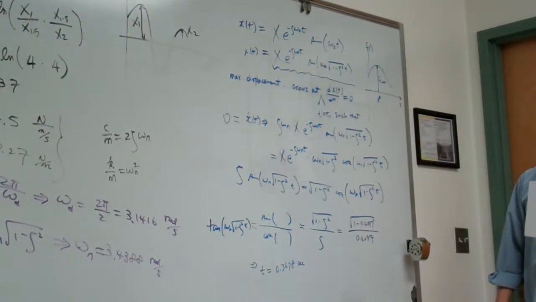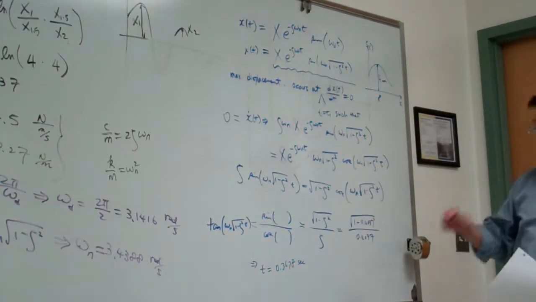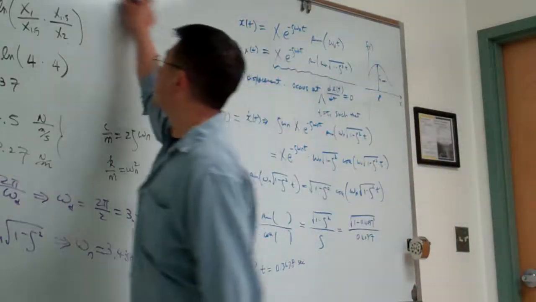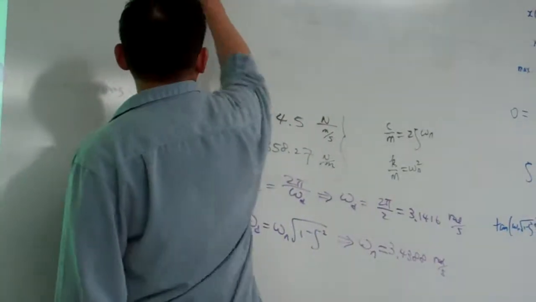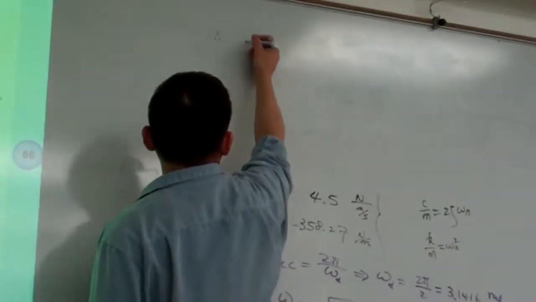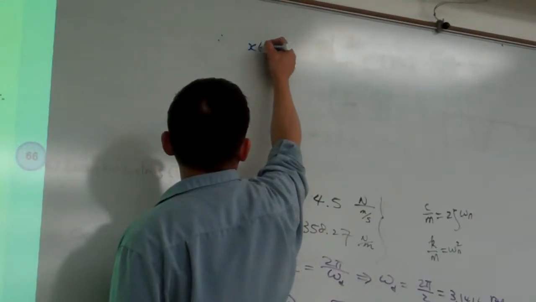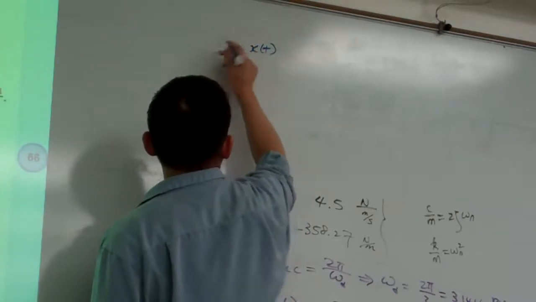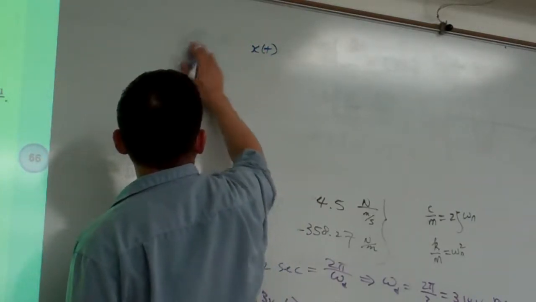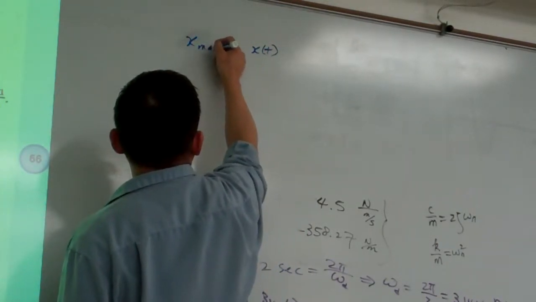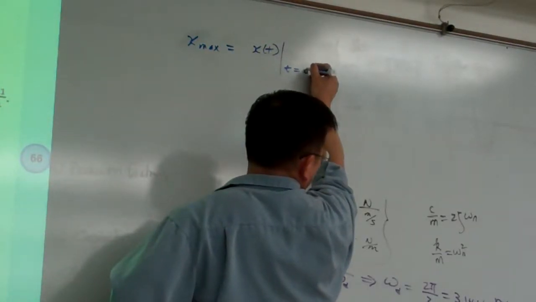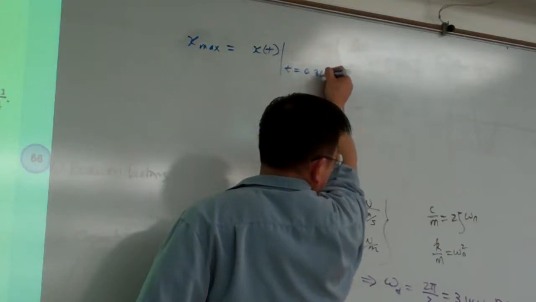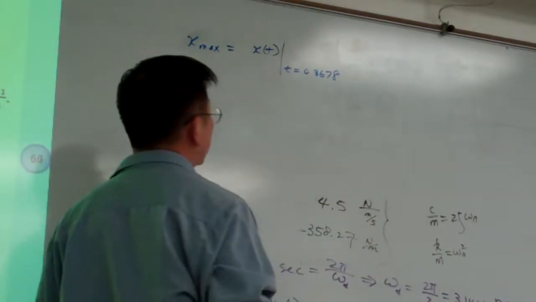Okay. So under these situations, we simply plug in. Therefore, x(t) maximum is equal to the maximum when t equals 0.3678. Okay, we simply plug in here.